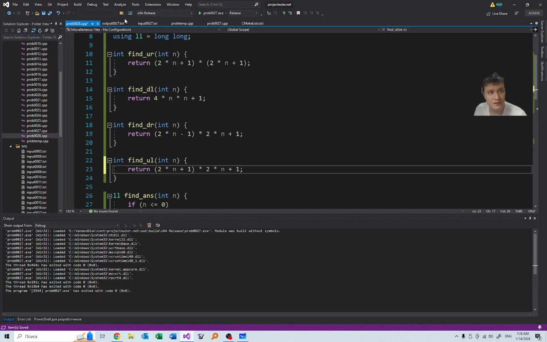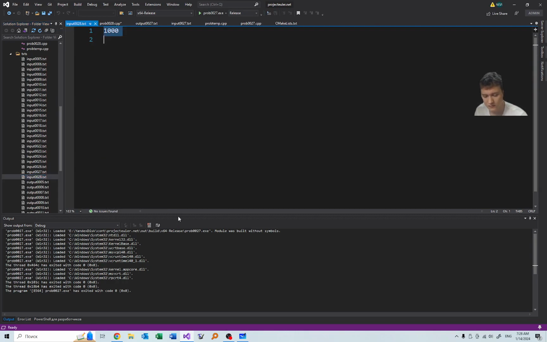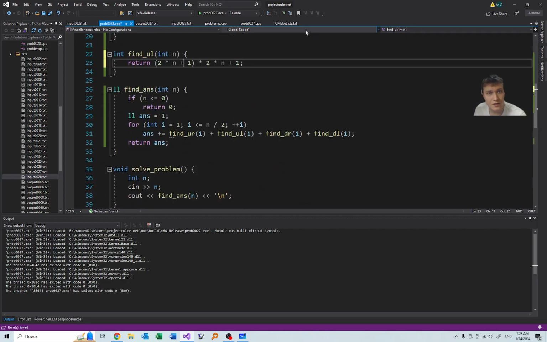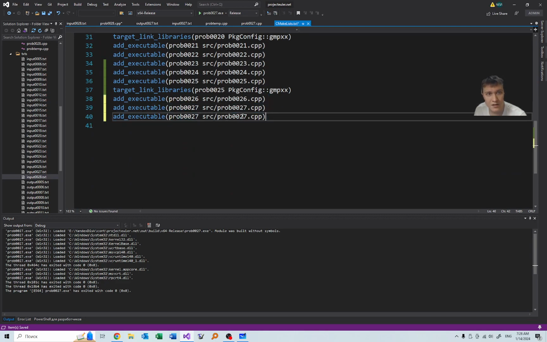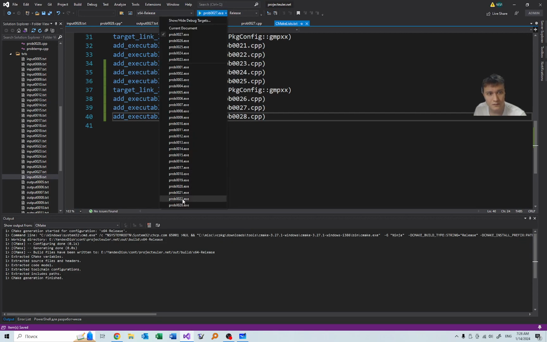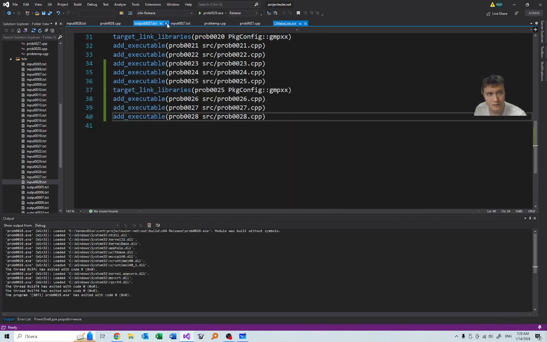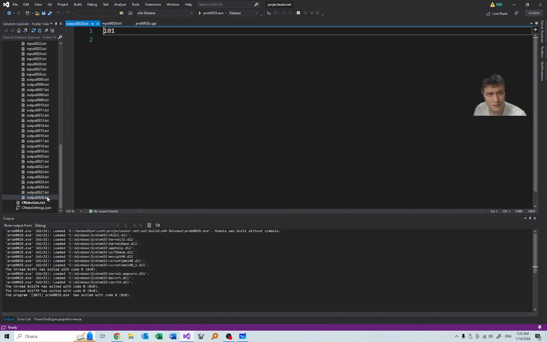Fine, let's see what it says to us. Let's start with the easier one, which is 5. Okay, so the file is changed. And we see that it is 101.